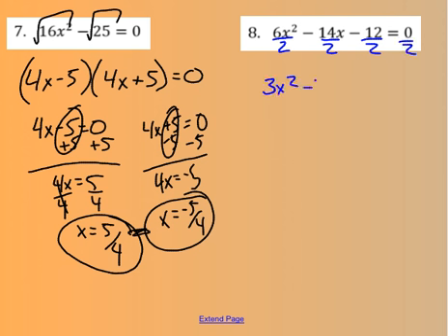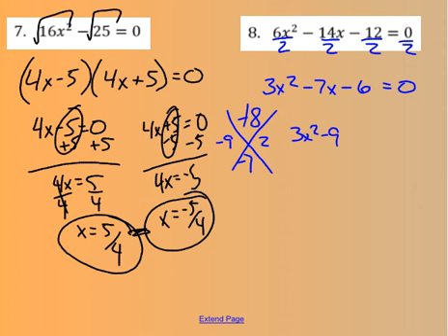So 3x squared minus 7x minus 6 equals 0. It's going to be negative 18. Comma negative 7, so negative 9 and 2. 3x squared minus 9x plus 2x minus 6 equals 0.